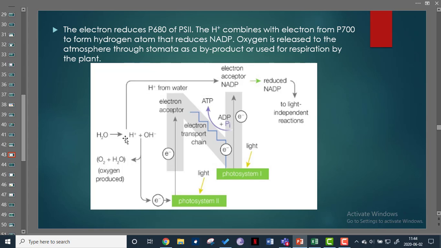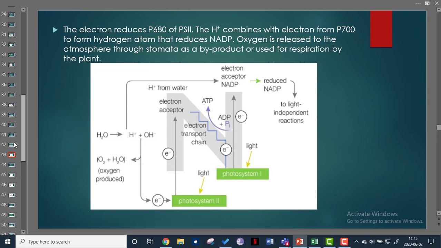Now, these hydrogen ions at this point will move and be picked up by the electron acceptor NADP, and this occurs either when they gain electrons from photosystem 1, or alternatively, even without gaining those electrons from photosystem 1, they can bind directly to form NADPH positive, meaning that they did not gain the electrons.